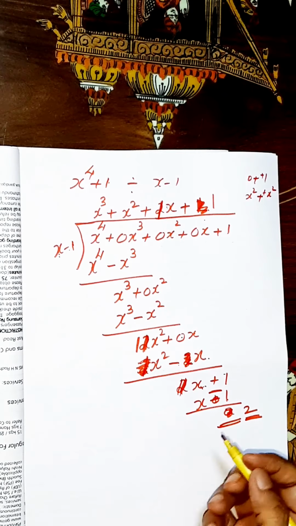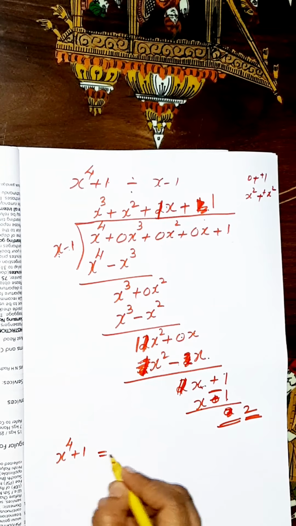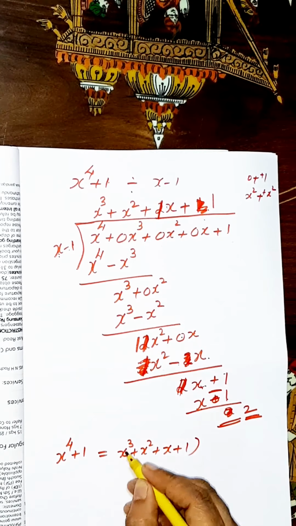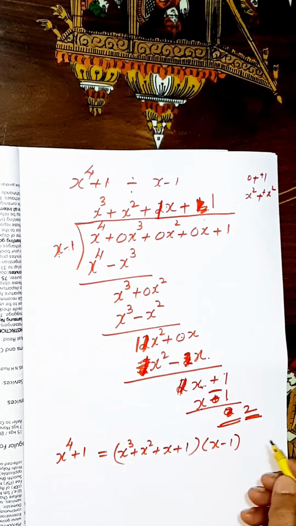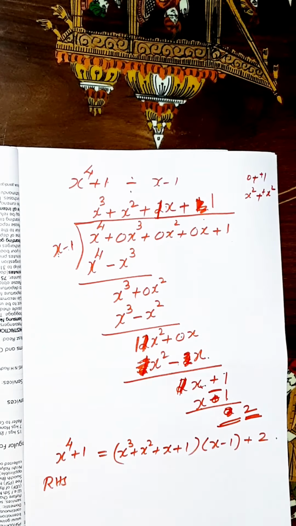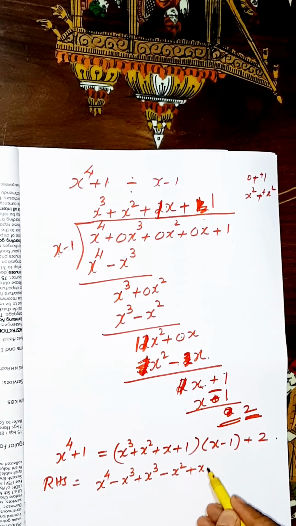Now we will verify it and see. So x to the power of 4 plus 1 is equal to (x cube plus x squared plus x plus 1) into (x minus 1) plus 2. So RHS is equal to, we will multiply each term. So you get x to the power of 4 minus x cube plus x cube minus x squared plus x squared minus x plus x minus 1 plus 2.